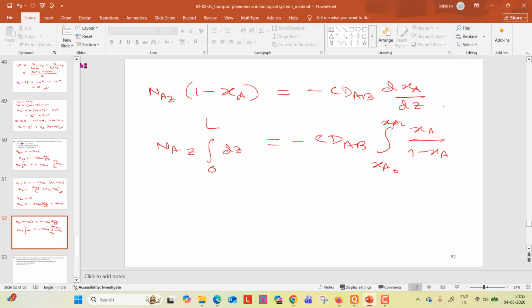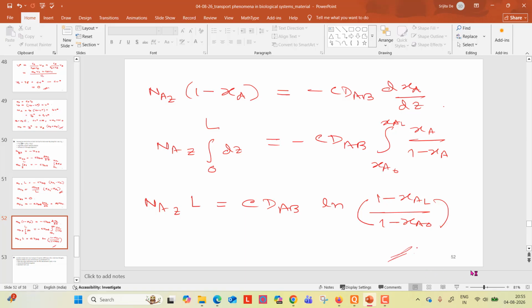It will be NAZ L equals CDAB ln of 1 minus XAL by 1 minus XA0. This is the final equation you can write. Also, you can write L in this. Right. Okay. Next.